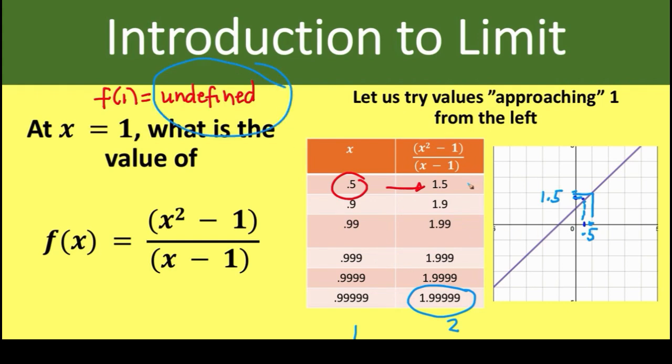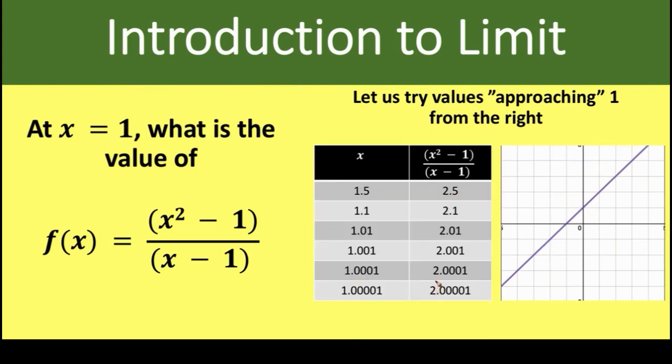This is the behavior of the function as we take x values from the left going to the right. So 0.5 is coming from the left and 0.999 is going to the right. Our direction is going that way. Now this time, let's take values coming from the right side. So what if x is 1.5? X 1.5 is here. The value of y is 2.5. This is 2.5.